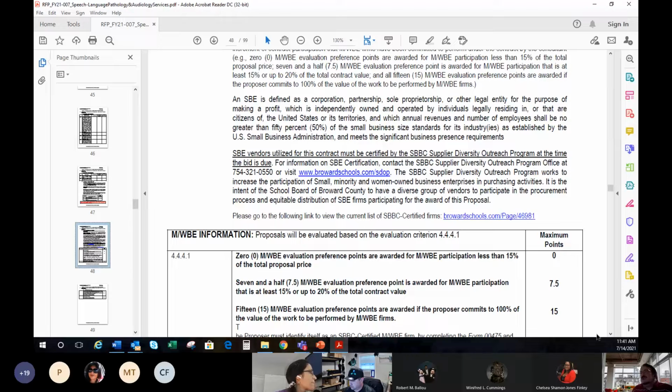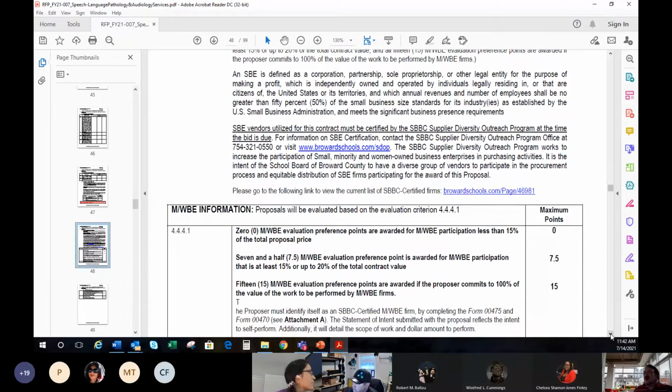7.5 MWBE evaluation preference points are awarded for MWBE participation that is at least 15% or up to 20% of the total contract value. And I want to stress the total contract value, okay? For example, if you're using a subcontractor that is an MWBE and you're allowing 15% of the total contract value. Now this would be a little difficult on this contract because it's not like you have the whole contract; the contract is split into different vendors.